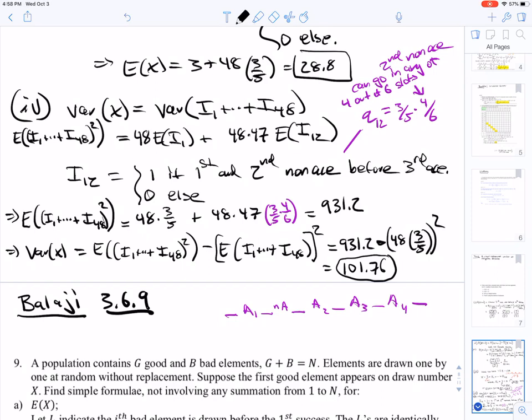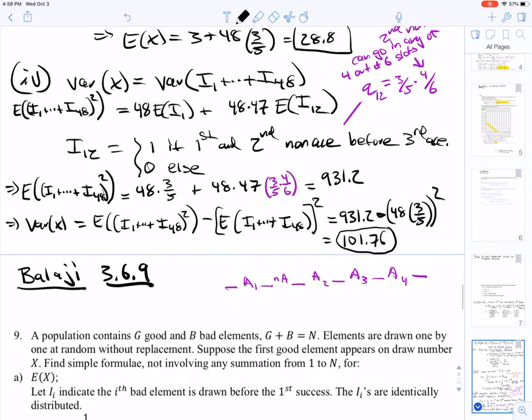To see that, given that the first non-ace is before the third ace, there are now 6 relevant cards we're dealing with, 2 non-aces and 4 aces, and I'm told that the first non-ace falls before A3.